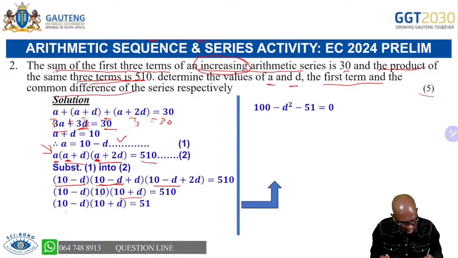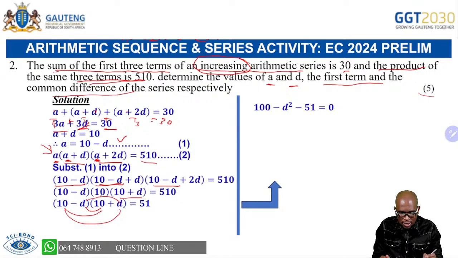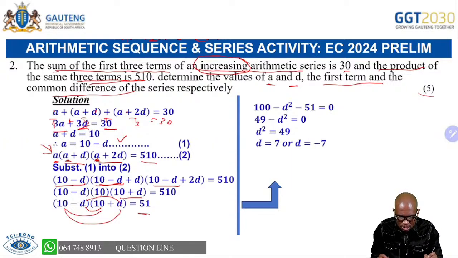We multiply, we get 100 plus 10D minus 10D minus D squared, and then we transpose the 51. Simplifying that further, we get 49 minus D squared is equal to 0. Then D squared is equal to 49, so D is 7 or negative 7.